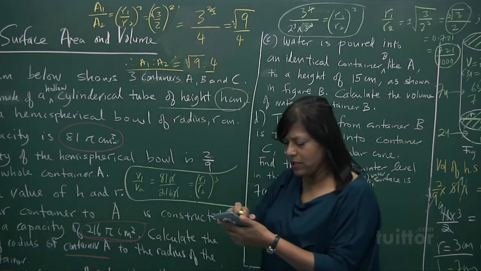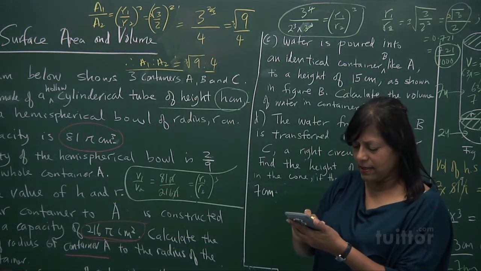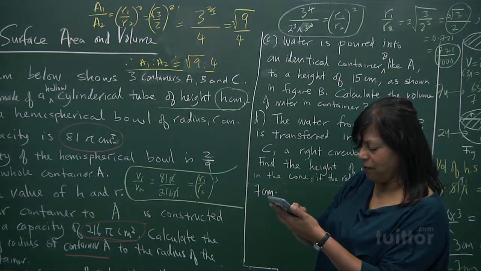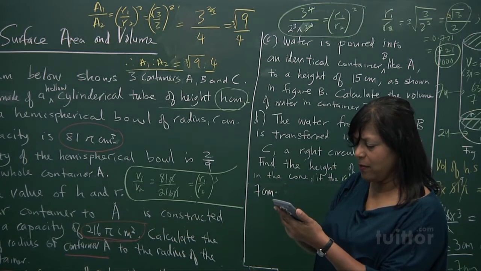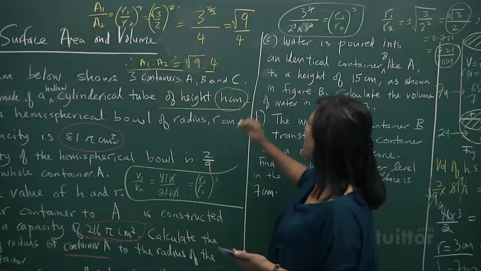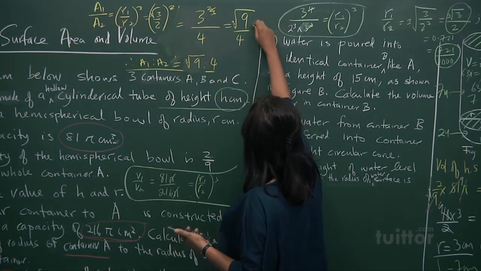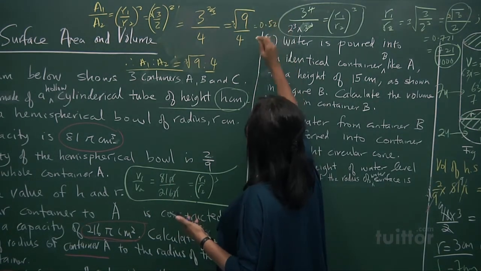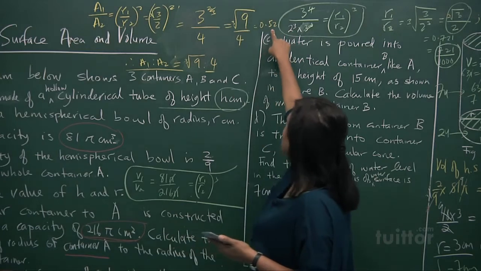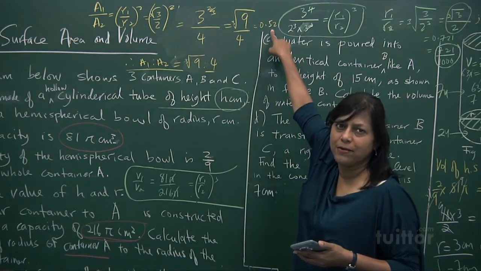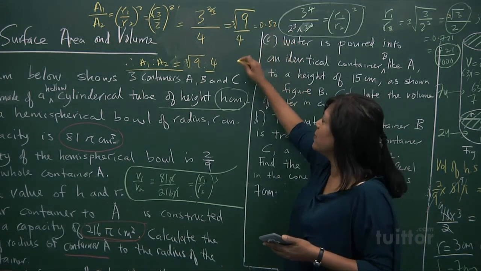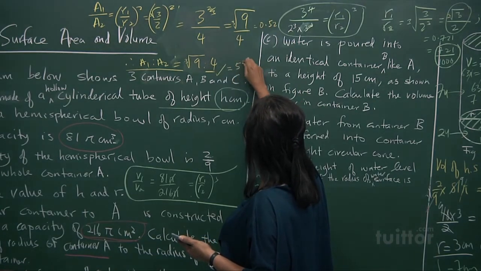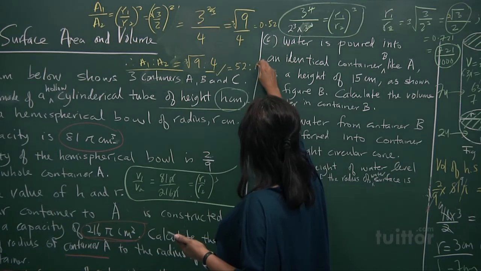If I were to use the calculator, cube root of 9, divided by 4, and what we get is 0.52. This whole thing is actually 0.5200. Now this would mean 52 over 100. Are you all clear? So I could write it like this for the exact value, or I could write it as 52 is to 100.